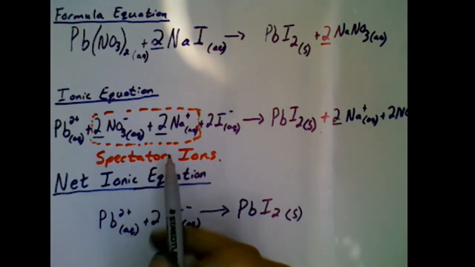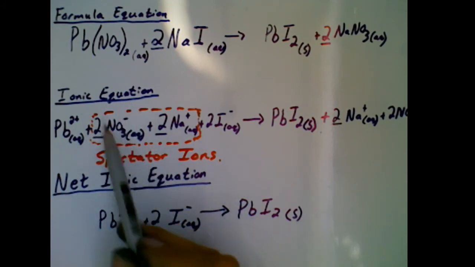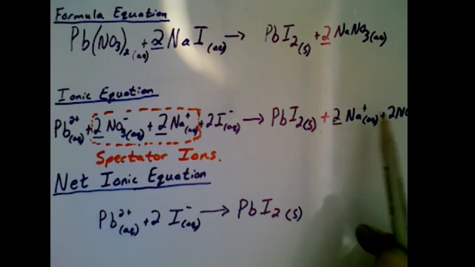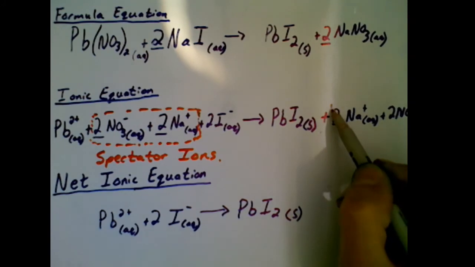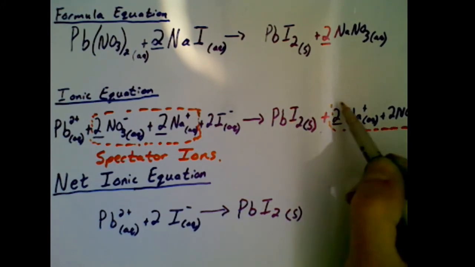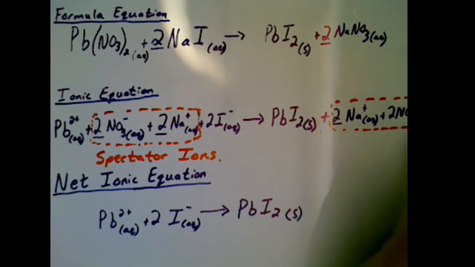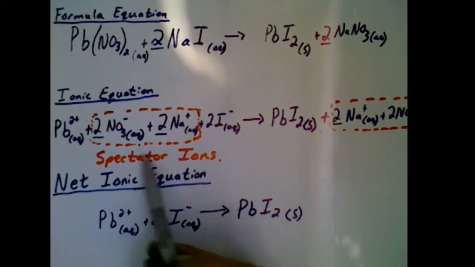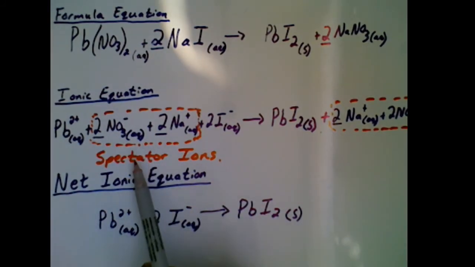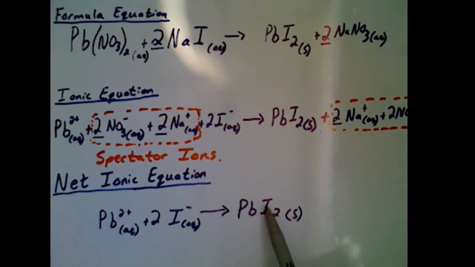They actually don't really do anything. They're just floating around in the solution, not changing at all. We know that because they stay the same on both sides of that equation. Spectator ions really just sit by and watch the reaction take place. They're not actually involved in the chemical reaction.